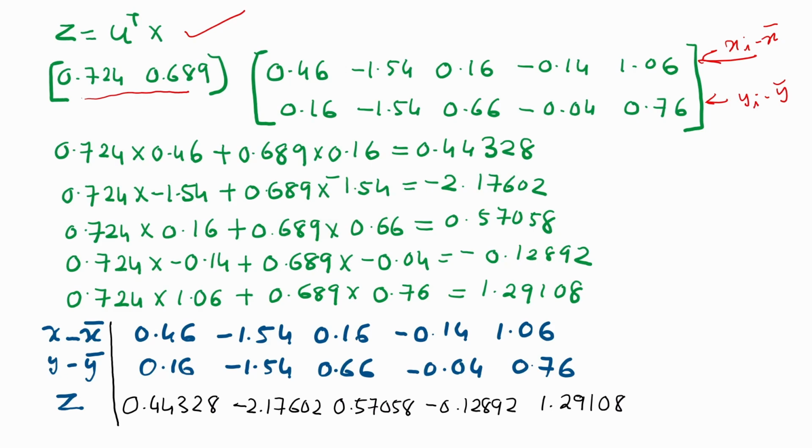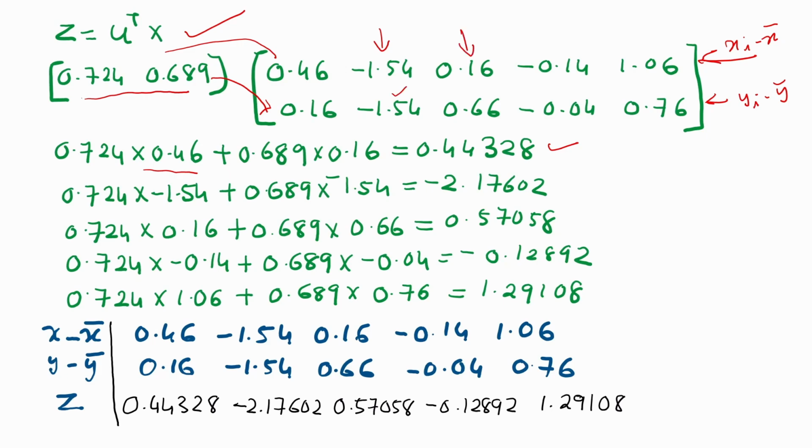When you are multiplying, let us consider separately. 0.724 into the first value, that is into this plus this into this. So you got the value as this. Similarly, for the second column, 0.724 into minus 1.54 plus 0.689 into 1.54.